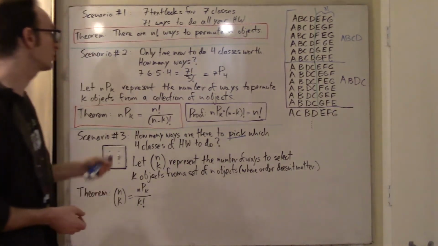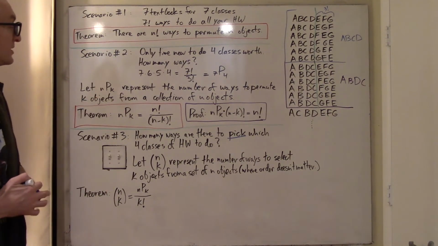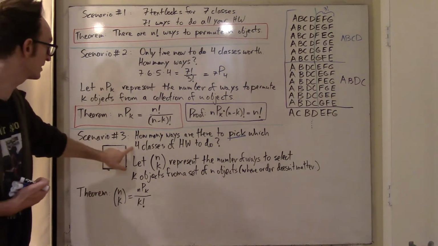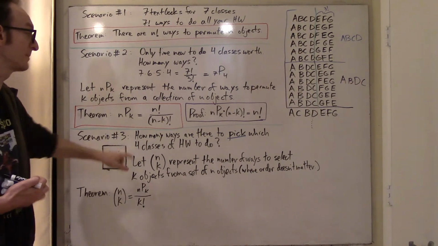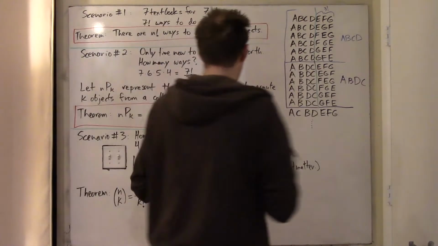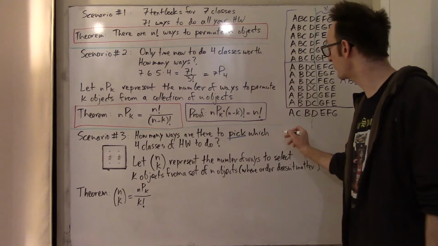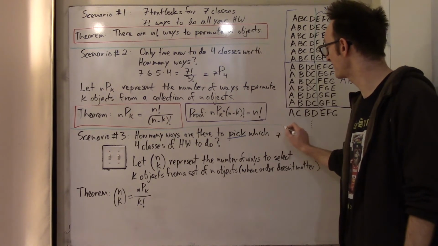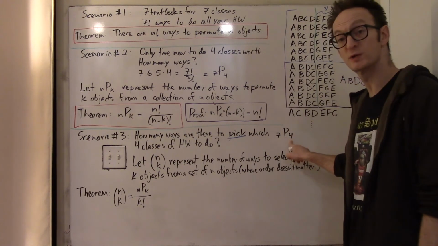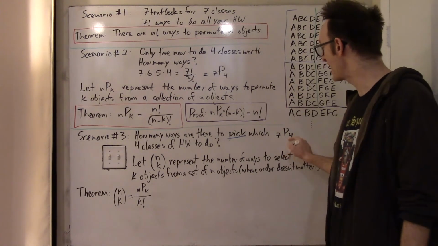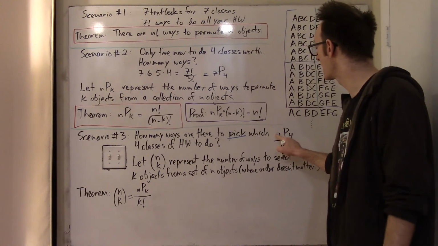Okay, and so if you're catching the drift of this, you can answer this question just using some common sense. The answer is, let me take the number of ways, which was 7p4, to permute 4 of the 7 homeworks, and let me further divide.